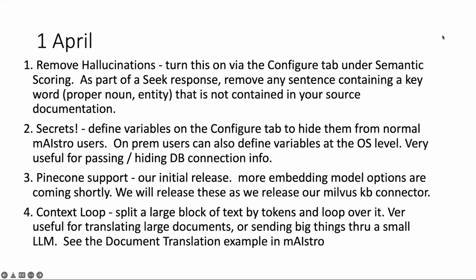So secrets move those very sensitive things either off to the configuration page, or in the case of NeuralSeek on-prem, you could even define them at the OpenShift layer, right? So they could be passed in dynamically through the whole environment, making it very secure for the folks that want to set and keep those things confidential, but allowing them to dynamically flow up into a mAIstro flow and become a variable that someone can consume inside that platform.